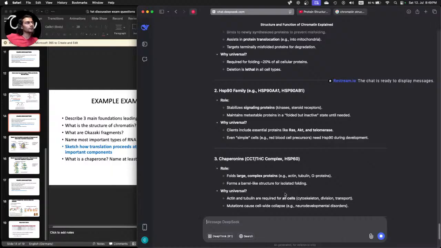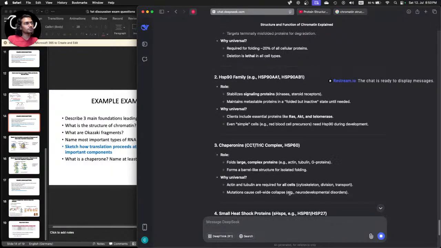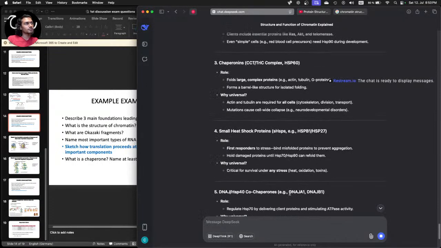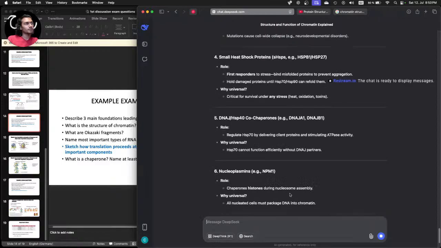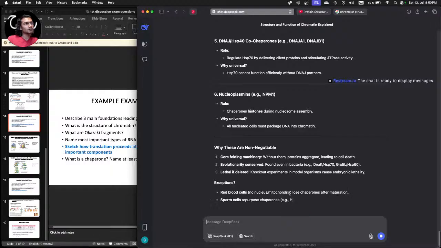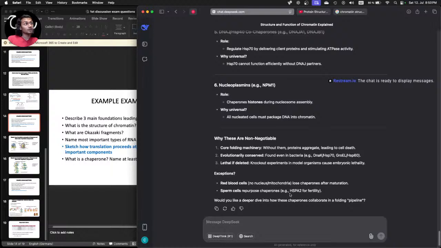It's the barrel. Nucleoplasmins. Sperm cells repurpose chaperone.